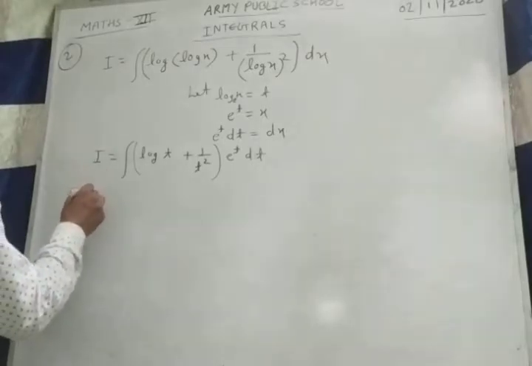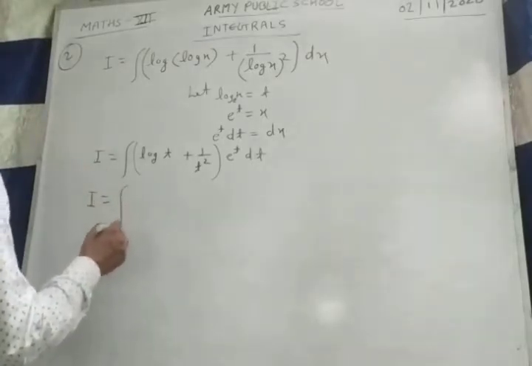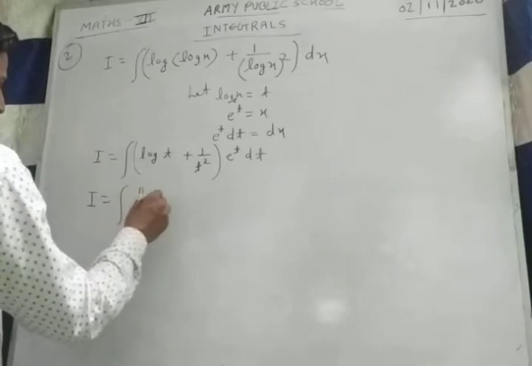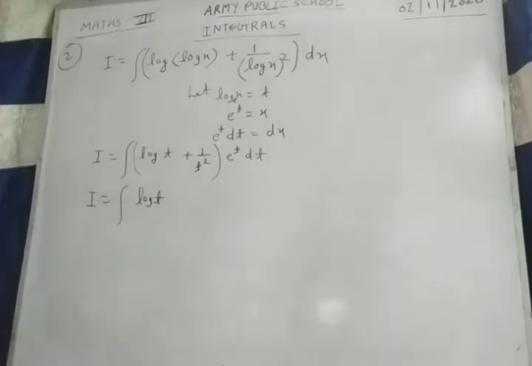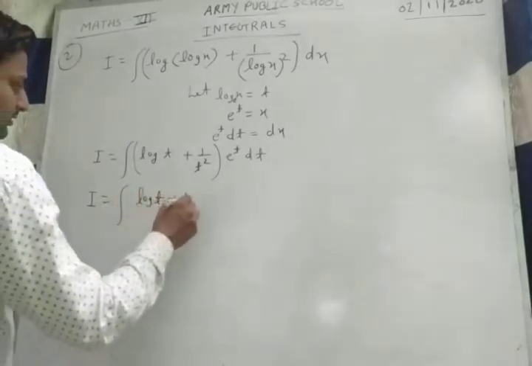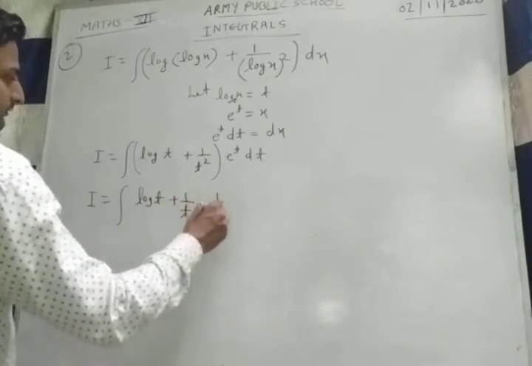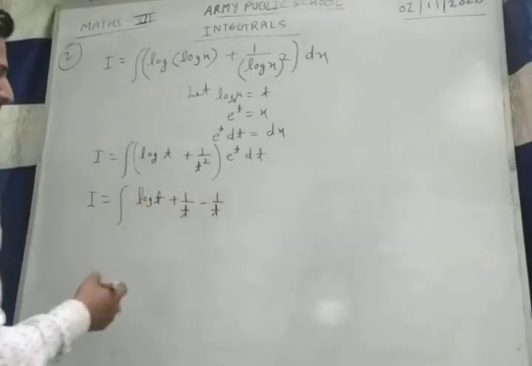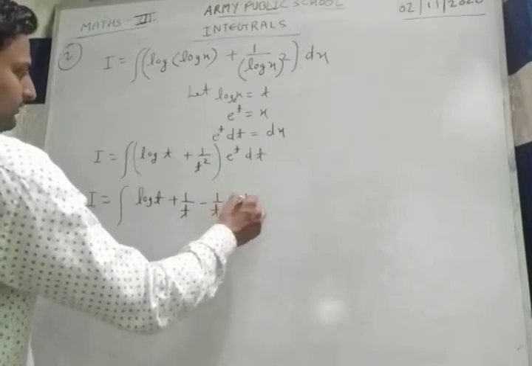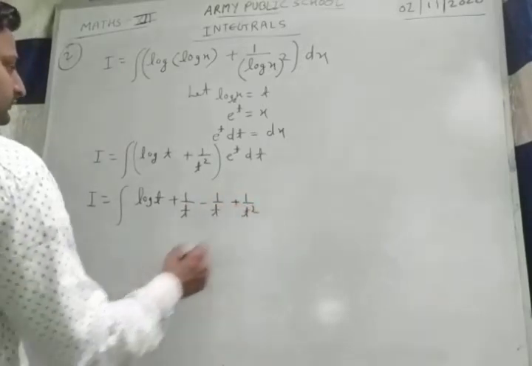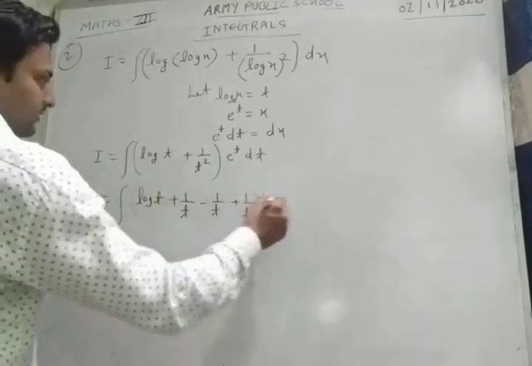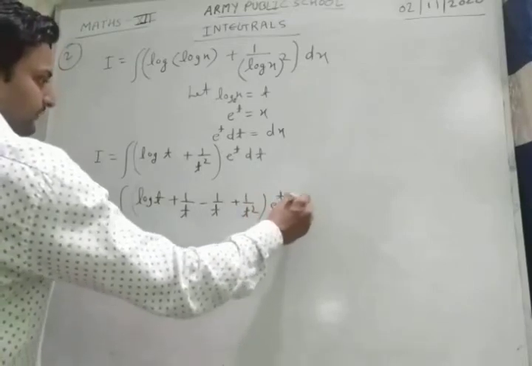Now we will make this log t plus 1 by t minus 1 by t. Okay, and this is 1 by t square, and this is e to the power t dt.